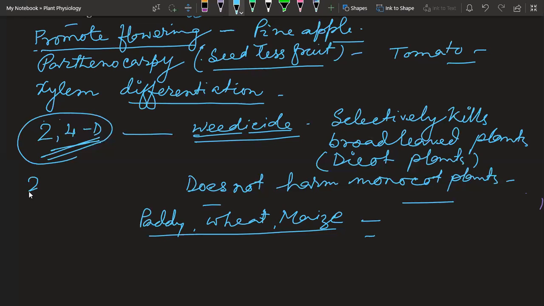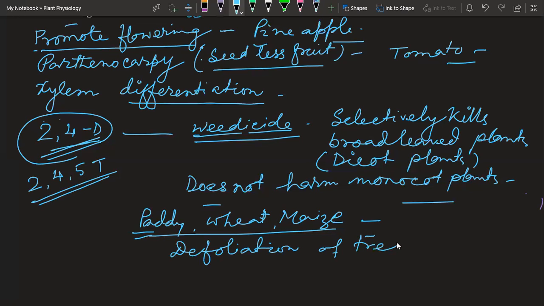There is another one, 2,4,5-T. Their combination or mixture can also be used for the defoliation of trees. If you want the leaves of a tree to fall, this hormone can be sprayed.